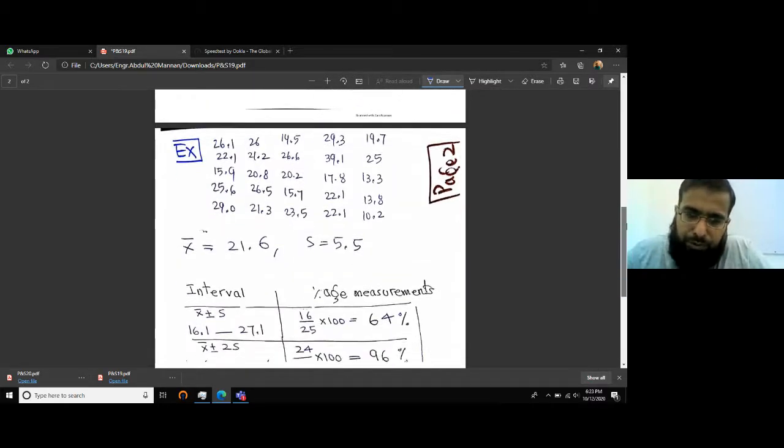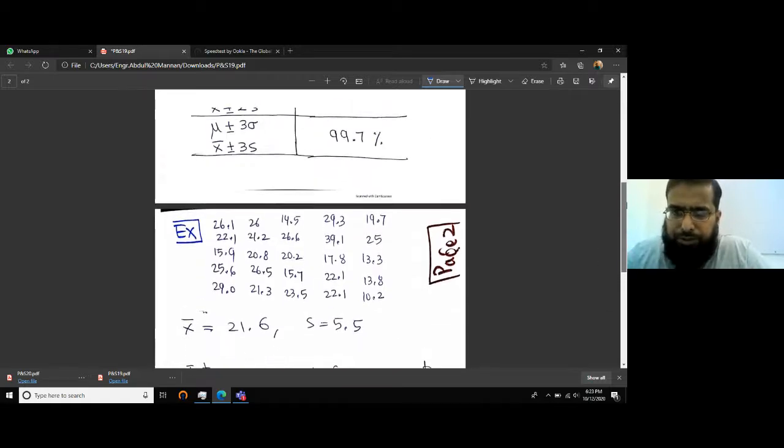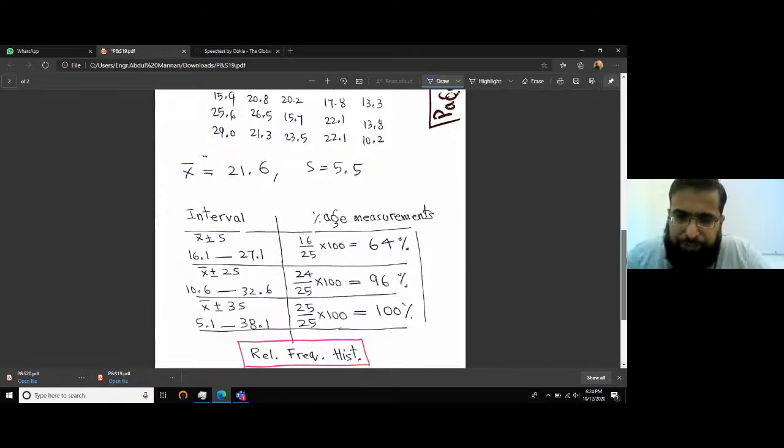From 16.1 to 27.1, out of these 25 measurements, we get 16 in this interval. Dividing by the total number of measurements, 25, times 100 gives us 64%, around 68%. This is a bit lesser than 68%, but quite close.